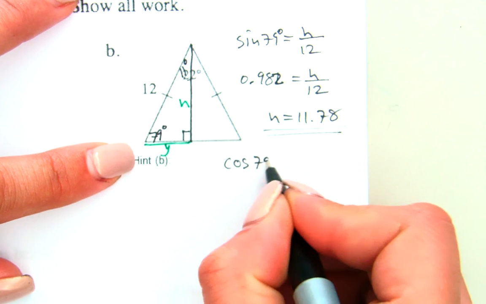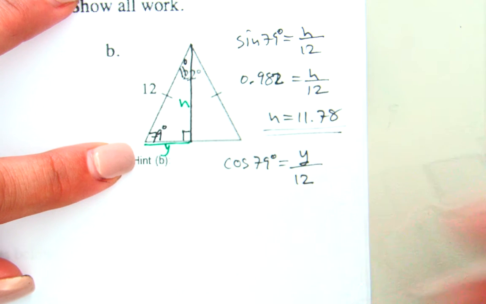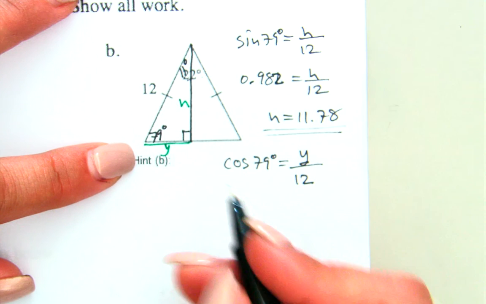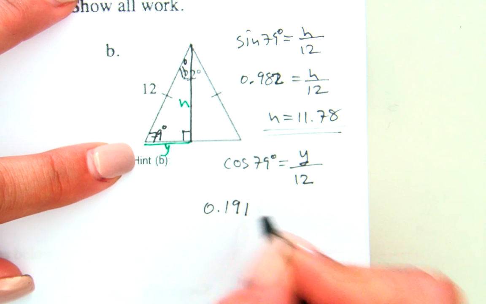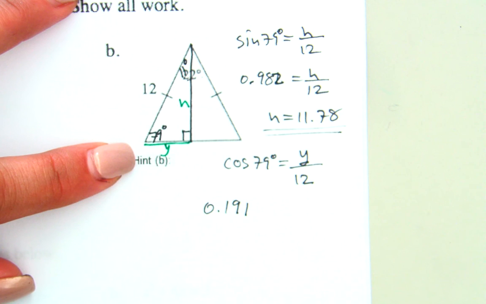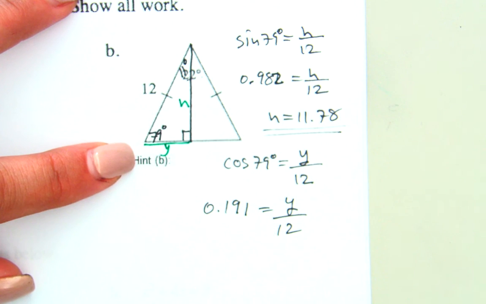And then the bottom, we're going to use cosine. So cosine of 79 degrees is y over 12. 79 cosine is 0.191. Yeah, that works. 0.191 over 12, so times that by 12.